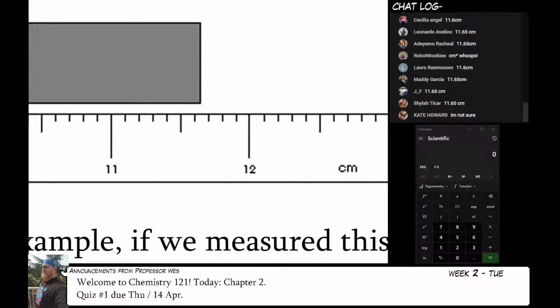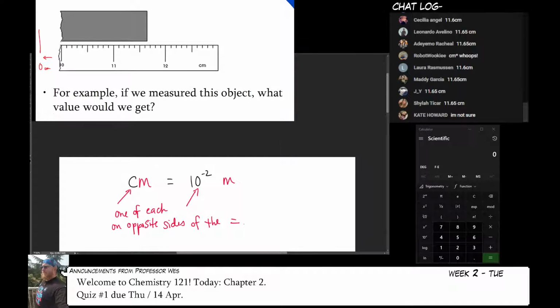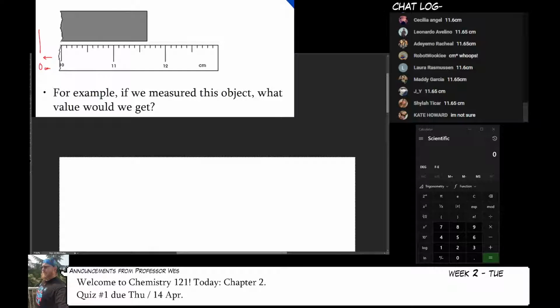But if you're looking over the answers in the chat, you'll notice that not everybody wrote the same thing, right? How do you know how many digits that you can write down? And so what we're going to do is we're going to go over here, and I'm going to give you the rules for how to measure anything. Oops, I got to clear that off the screen. There we go.